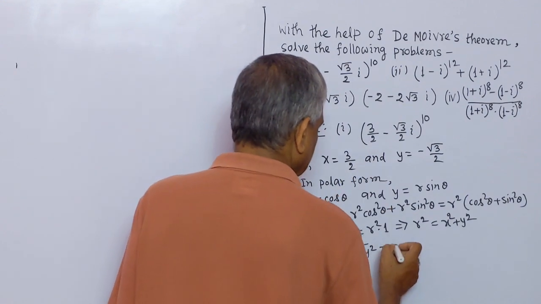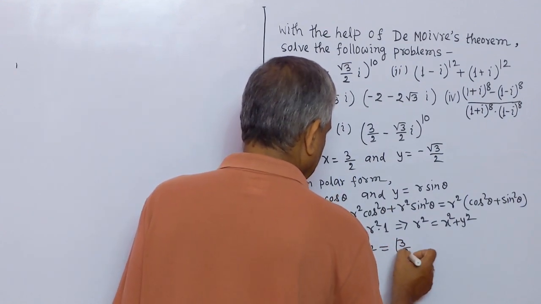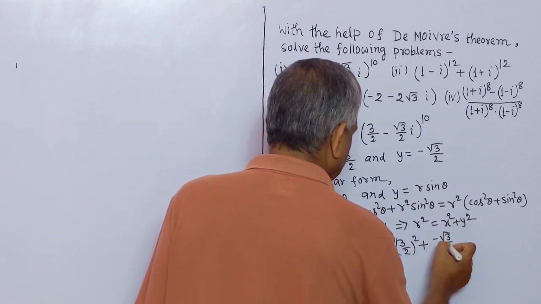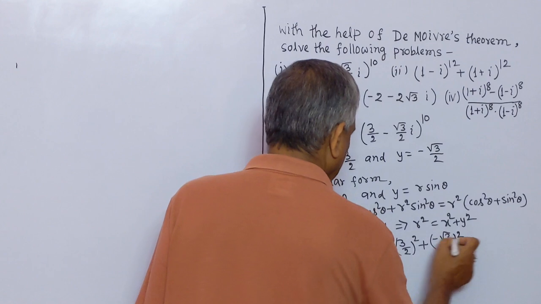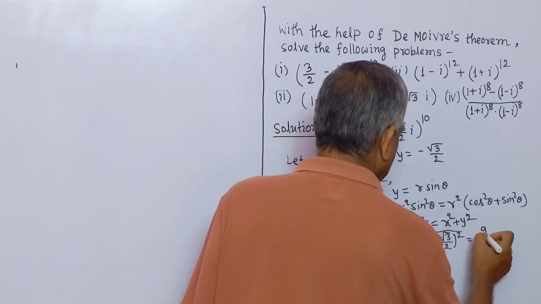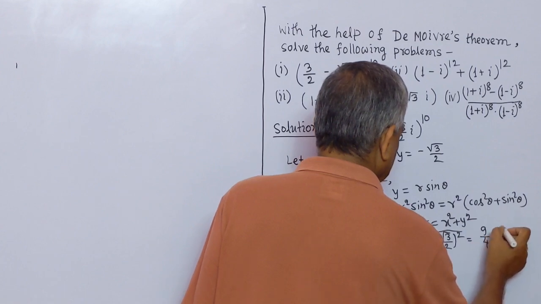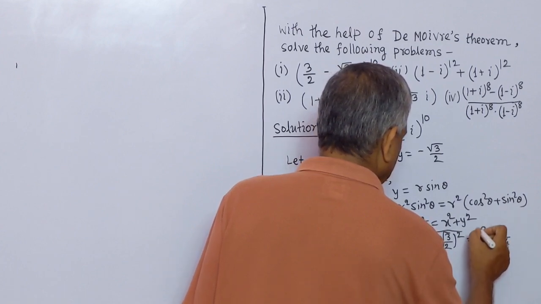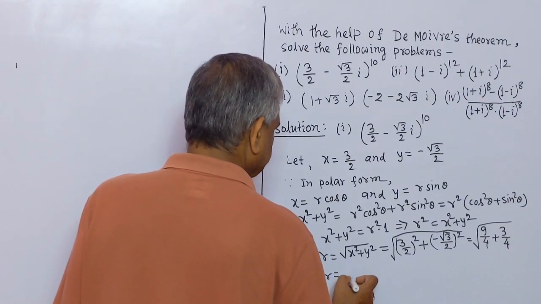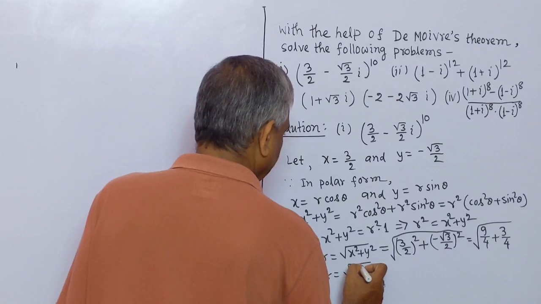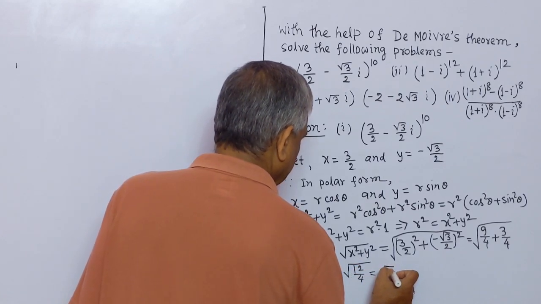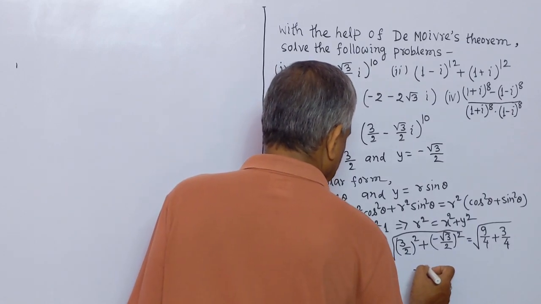Here x is 3 by 2, whole square, plus minus square root 3 by 2, whole square, under the root. This is 9 by 4 plus 3 by 4 under the square root, implies that r equal to square root 12 by 4. This is square root 3. This is number 1.